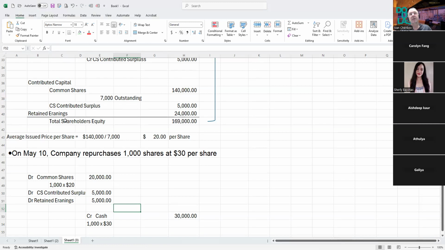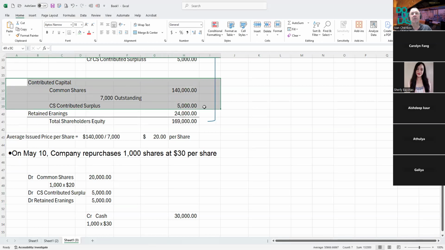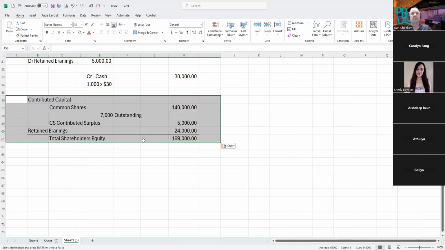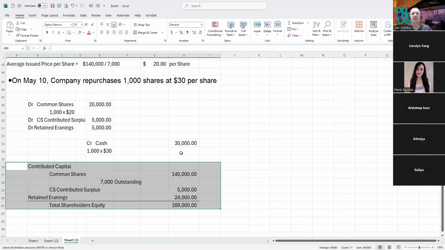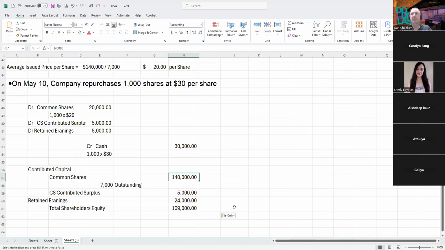So now let's see what happened with our equity section. Common shares: what will be the amount for the common shares after this transaction? 120,000, correct? Why? Because now I still have only 6,000 outstanding shares.